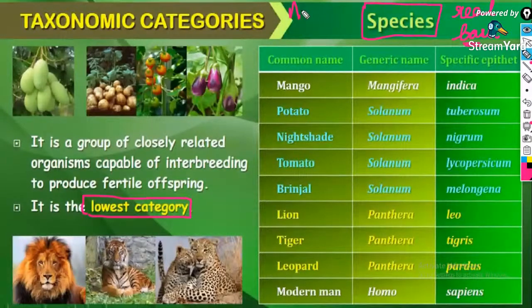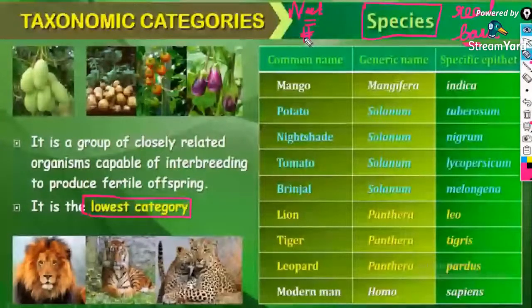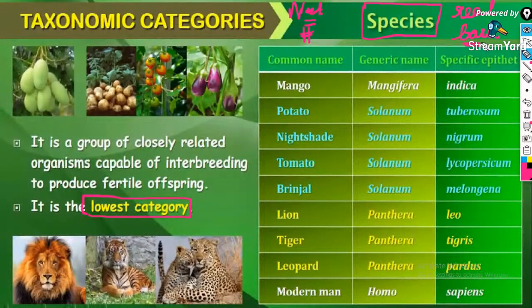Please bookmark all these things I am taking. I have been referring to these questions and explaining that these are NEET questions. Whenever you go through the MCQs, you will know that all of these were previous year questions. The species is the real basic unit of classification, and it is the lowest category.